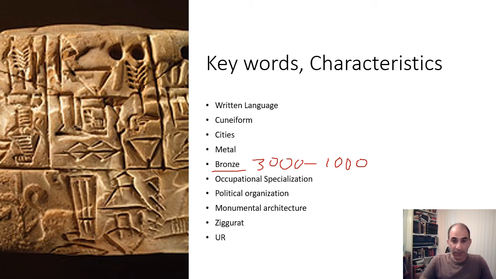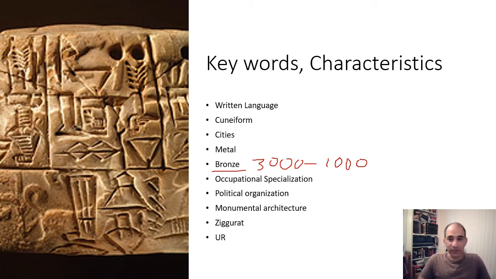So one is written language, two cities, three metal, and I'm giving you some other specific points to jot down as well. Another characteristic is occupational specialization. What does that mean? That's just a fancy word for jobs, that there are different professions and different jobs. So that would be another characteristic. The next one is political organization.